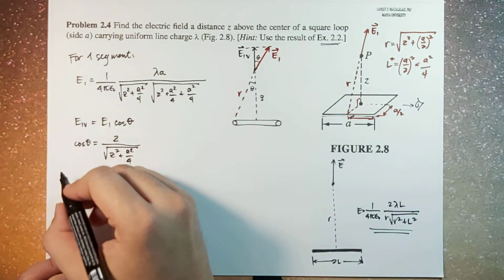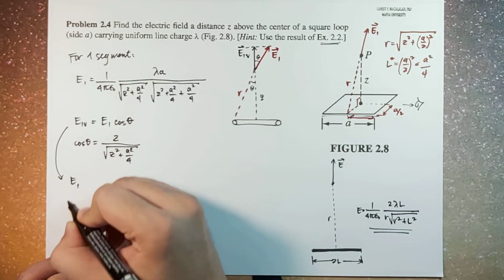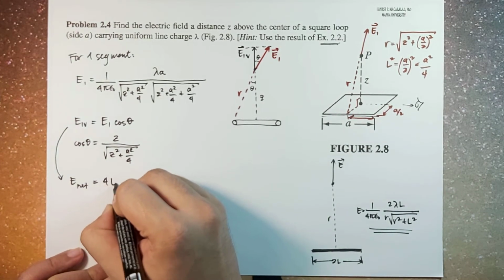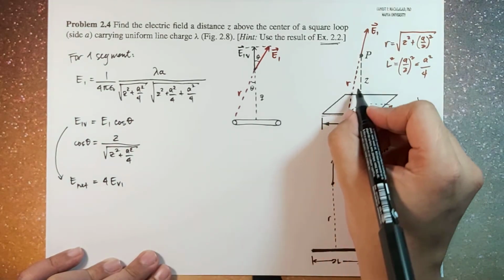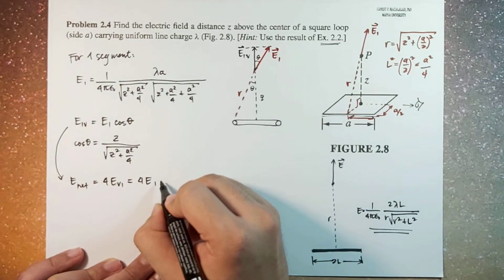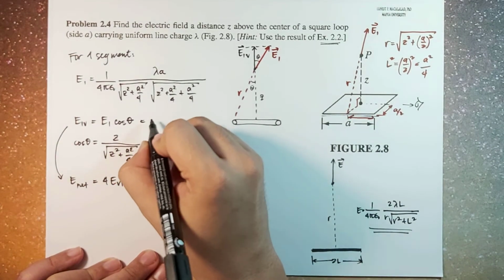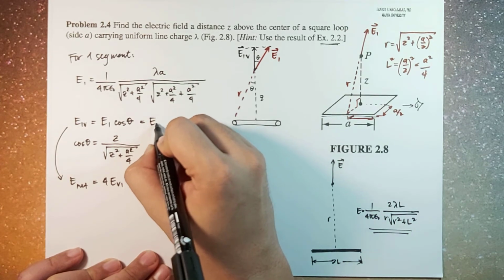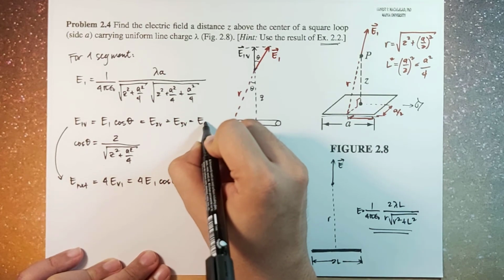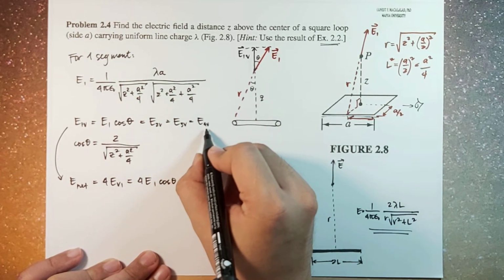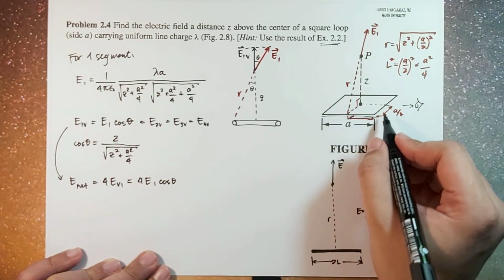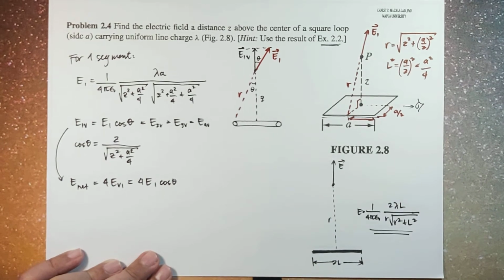Combining everything together, the net vertical component would be 4 times E1V because we have 4 sides. So this is equal to 4 E1 cosine theta, because remember this is also equal to E2V, same as E3V and E4V, where E2V, E3V, and E4V are the vertical components of the electric field due to the other 3 sides of the square.